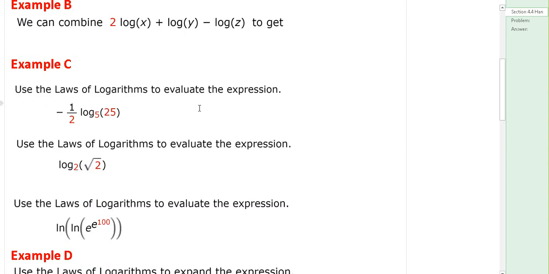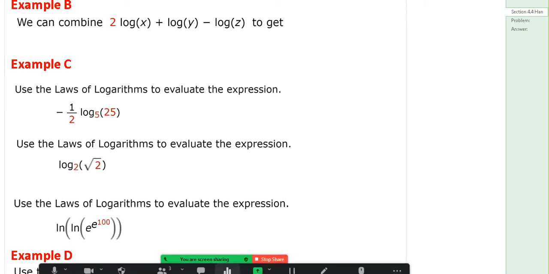I realize that there's a lot of ways you can do this that don't rely on the laws of logarithms, that just rely on your calculator. That's fine, but let's see if we can stick to the spirit of this. So example C: negative 1/2 log base 5 of 25.